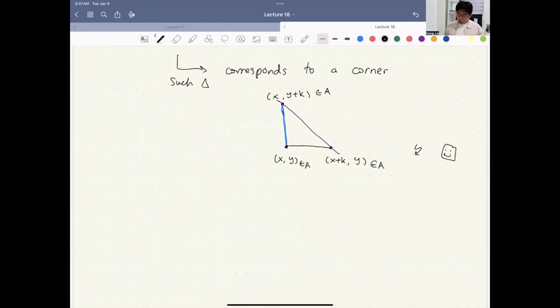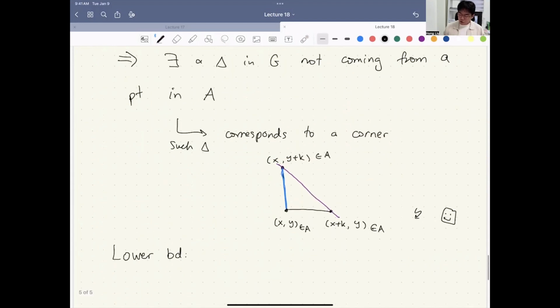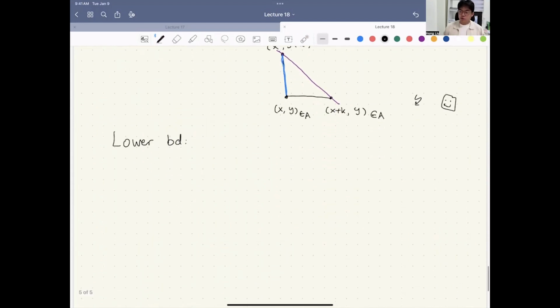That's the upper bound. For the lower bound for corner-free sets, one can actually make use of Behrend's construction to get a lower bound.